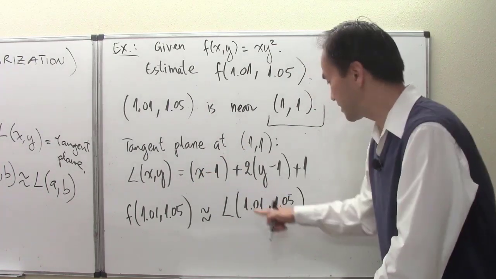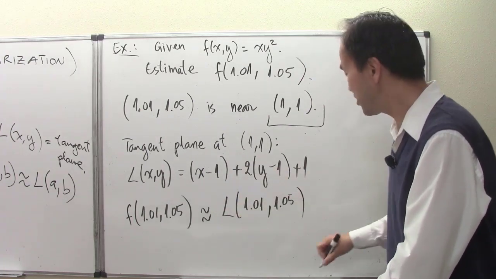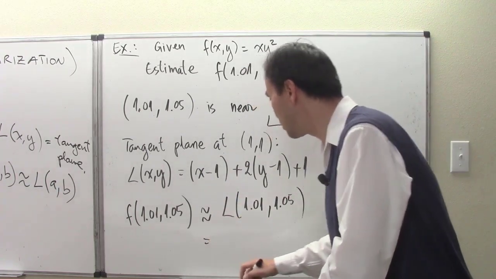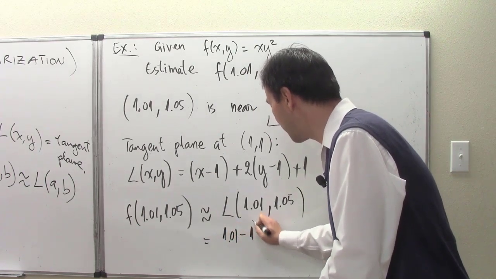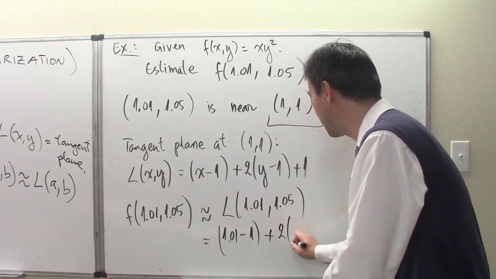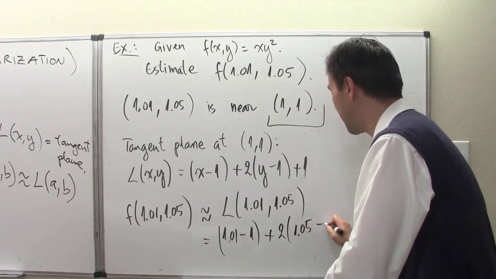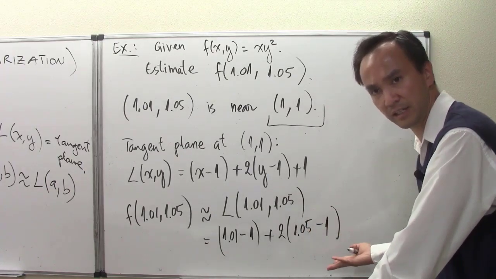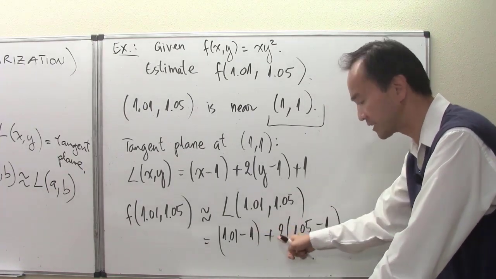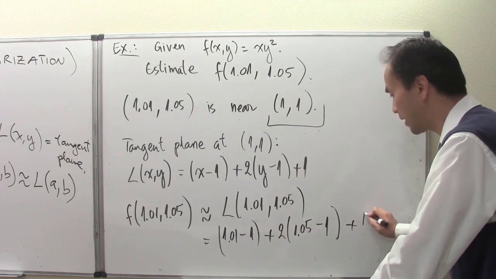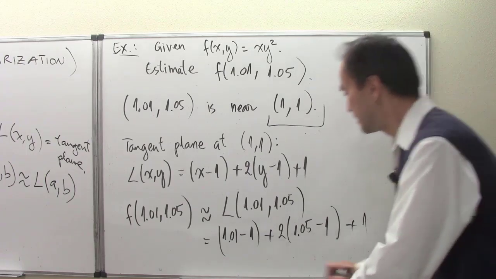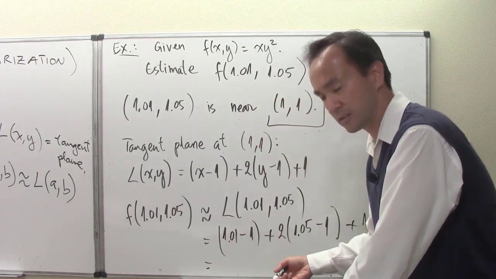Proceeding with this computation, it gives me 1.01 minus 1, plus 2 times 1.05 minus 1, and plus 1. That makes it a lot easier: adding, subtracting, and multiplication. How easy is that? I can even do this without a calculator.